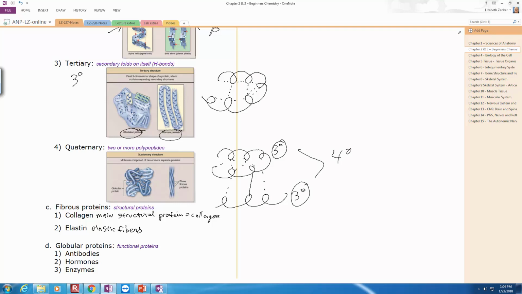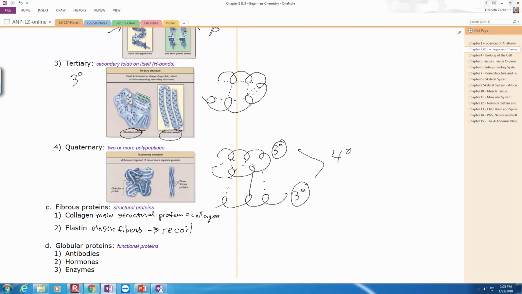The difference between collagen and elastin, it's not so much that it can stretch, but that when you let go of the stretch, it can recoil back to its original shape better. So we call that recoil. And so let's write, it's good recoil. Okay, which is important. So elastin is the monomer that makes up the elastic fibers.